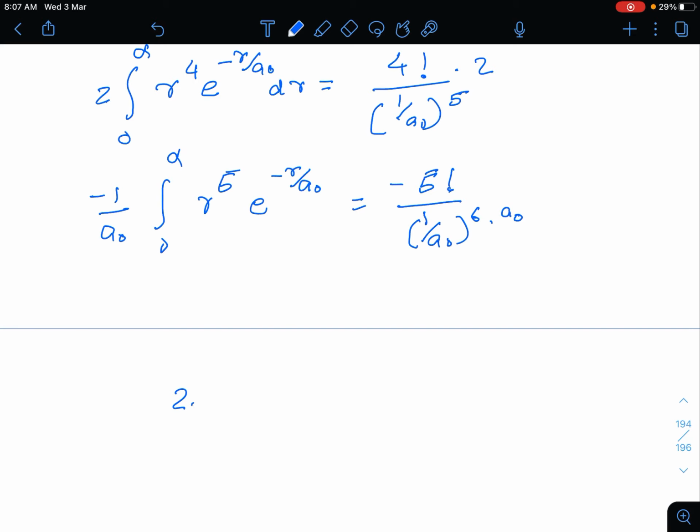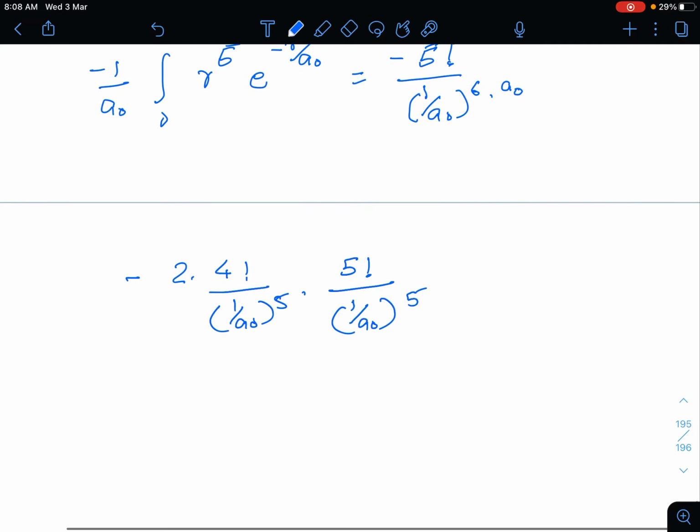So 2 into 4 factorial divided by 1 by a0 all raised to 5, into minus 5 factorial divided by 1 by a0 all raised to 5. So simply that is minus 2 into 4 factorial into 5 factorial into a0 raised to 5. That's all, leave it.